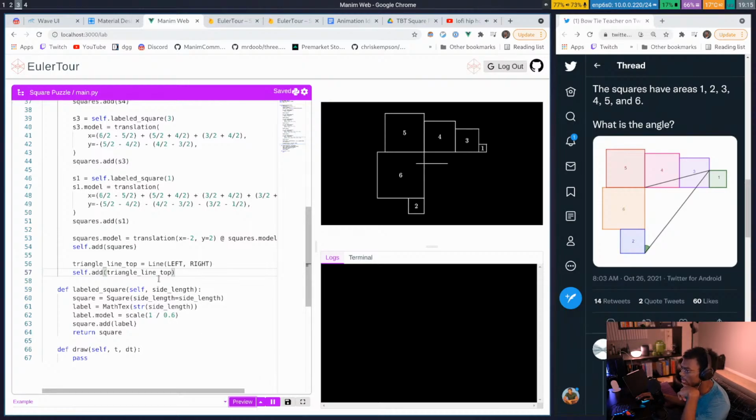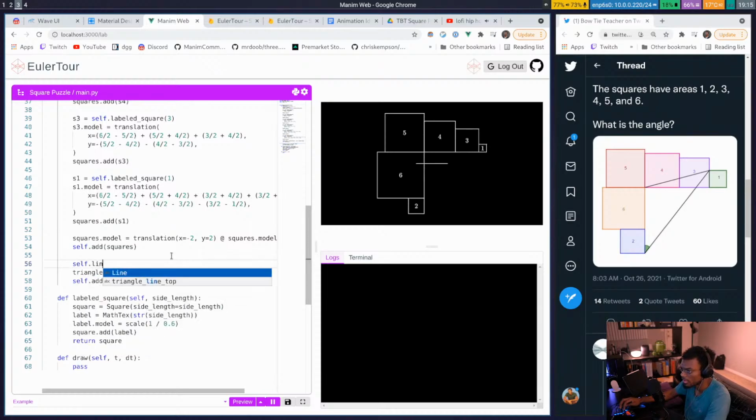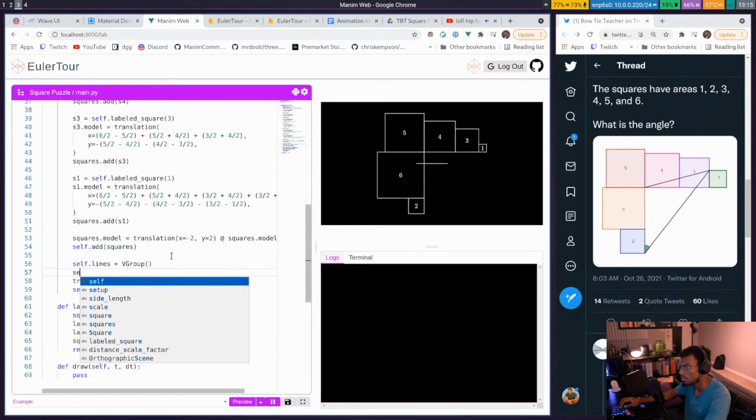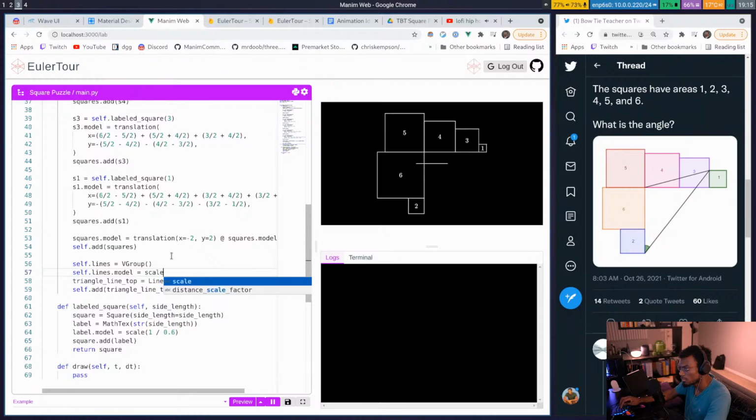I have to do put start and end on. And I think I actually will want something like lines. Not self.lines equals v group. I do self.lines.model. And this will be that self.distance, whatever, this.